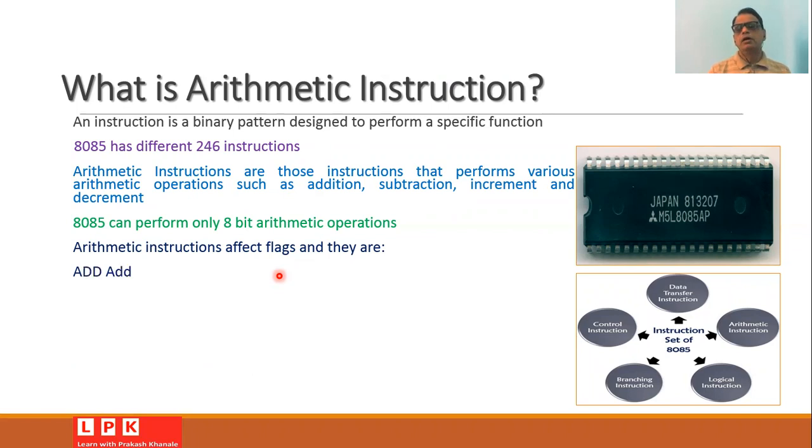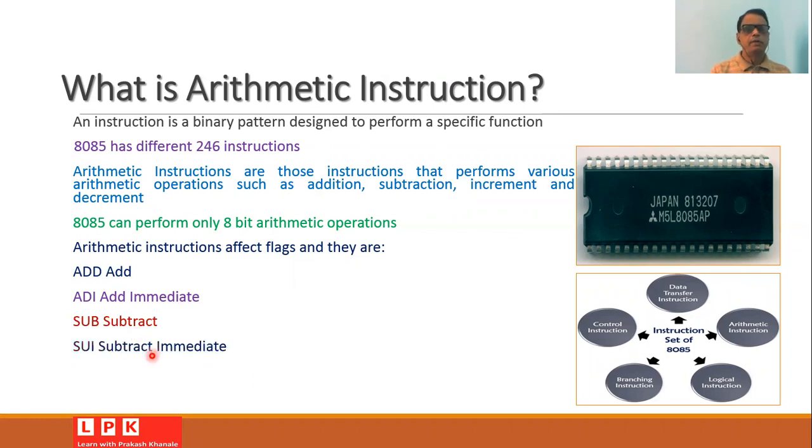We are having different arithmetic instructions. For example, we can have an instruction such as ADD, where we can add the content of the registers or the content of the register and memory. We have add immediate, where the immediate data given in the instruction can be added to the register or memory. We can have the subtract instruction SUB, where we can subtract the content of the register and memory.